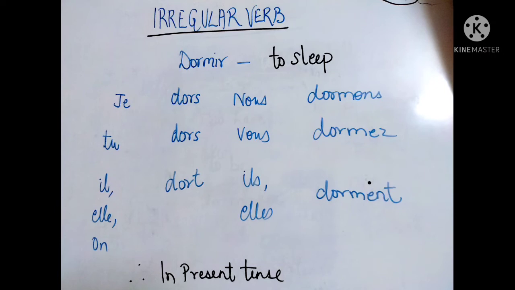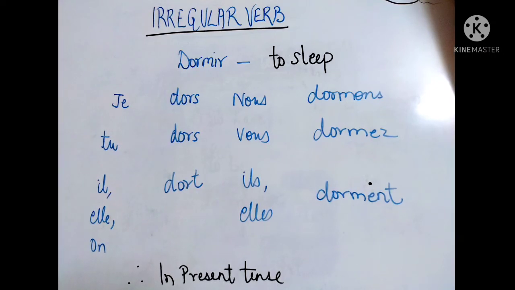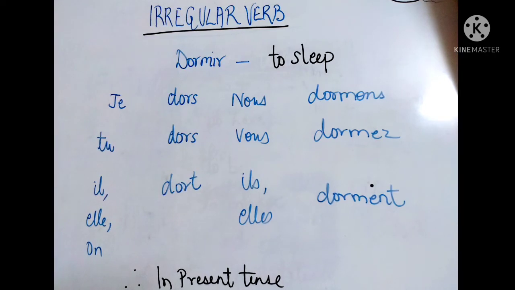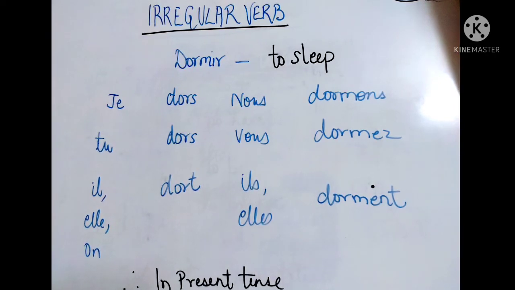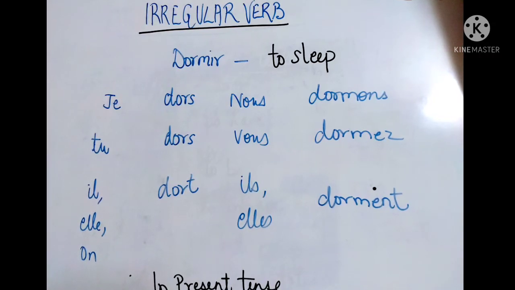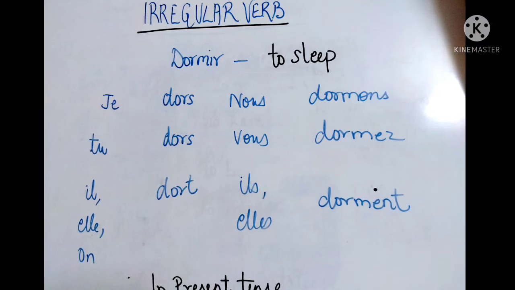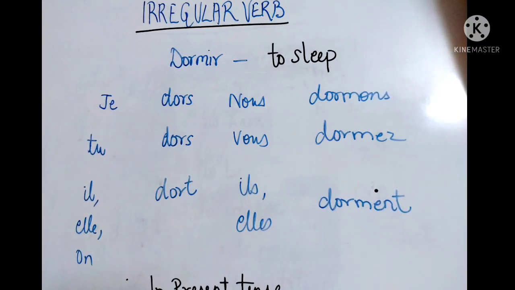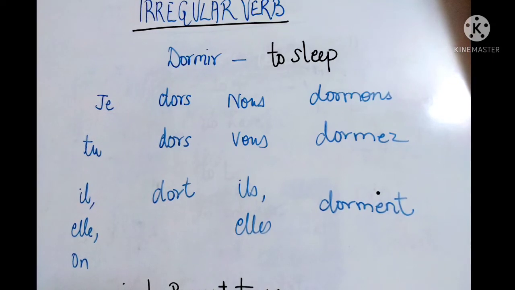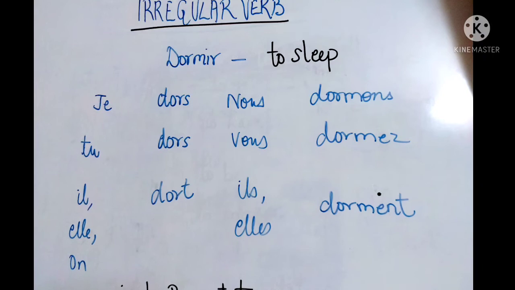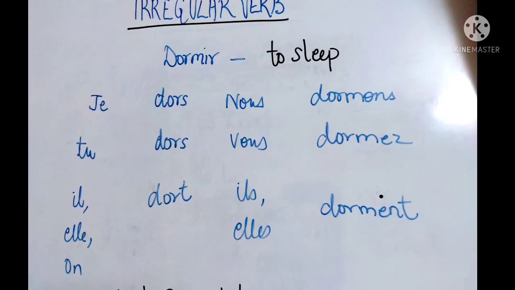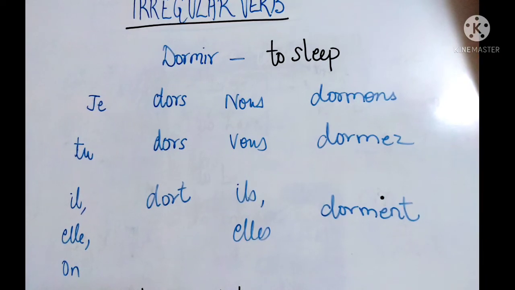Dormir means to sleep. Remove the infinitive part, IR. Now, the infinitive part is IR, but M is to be removed from the stem. Now the conjugation starts. Je dors, tu dors, il dort, nous dormons.